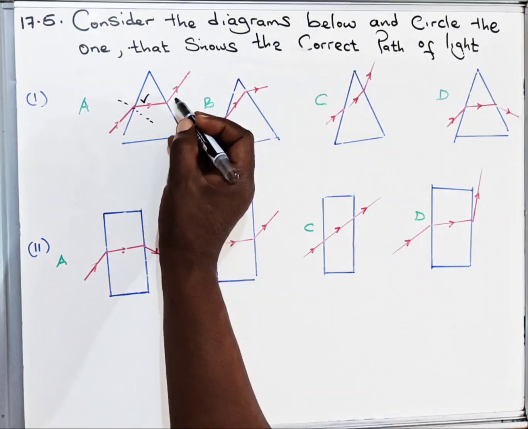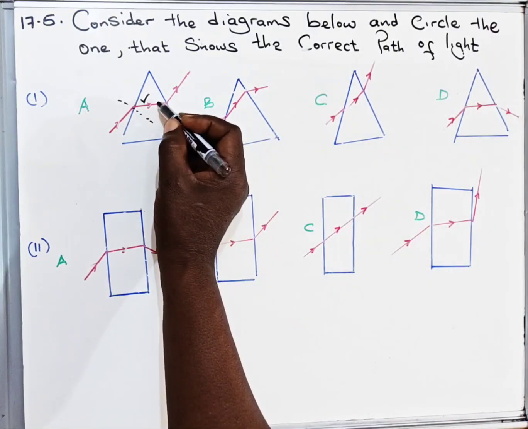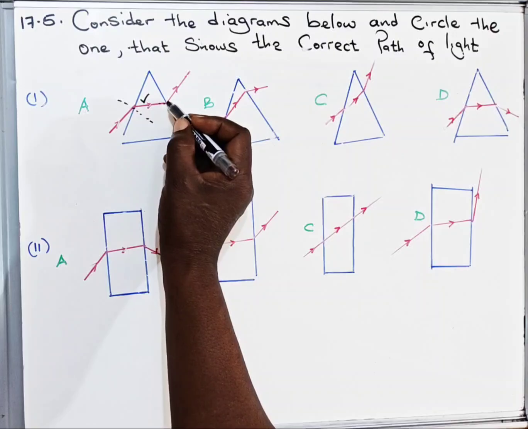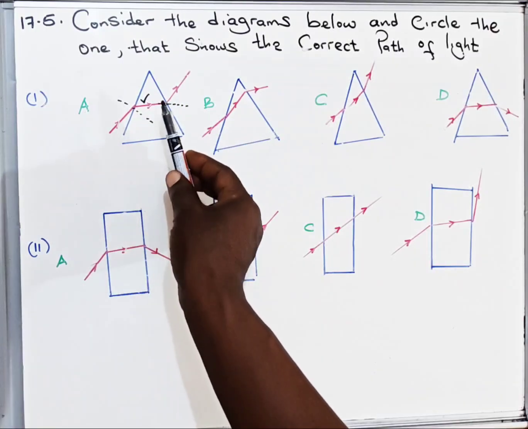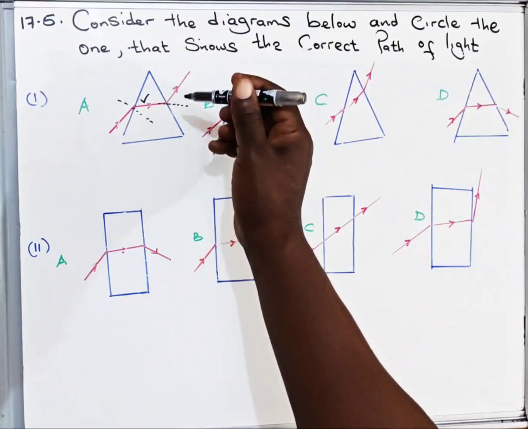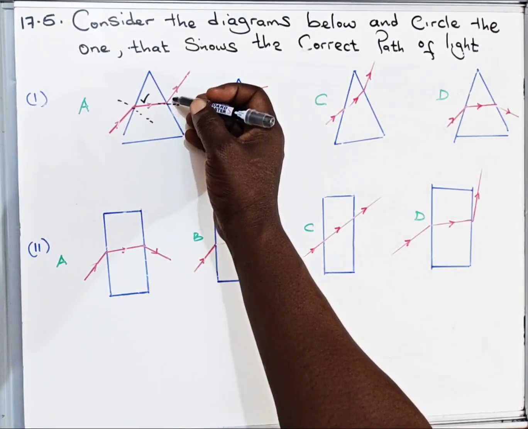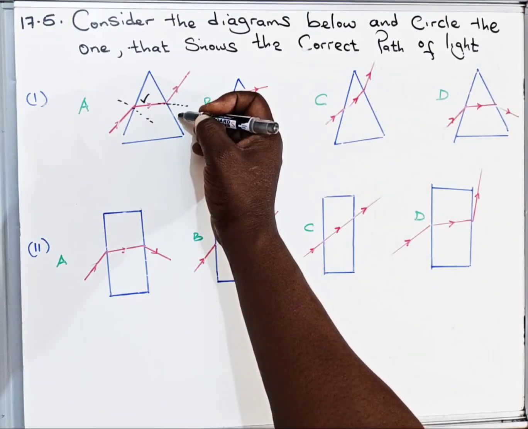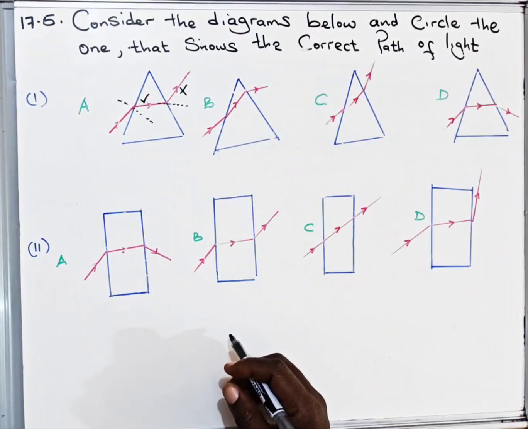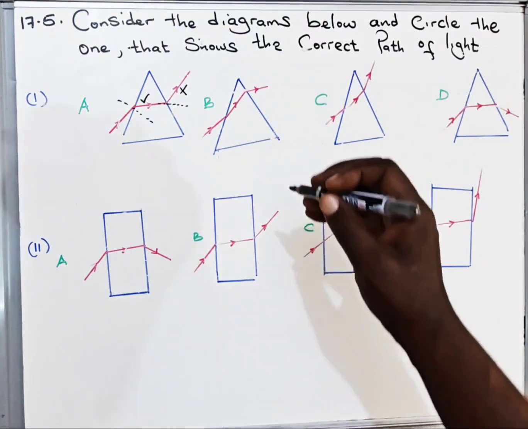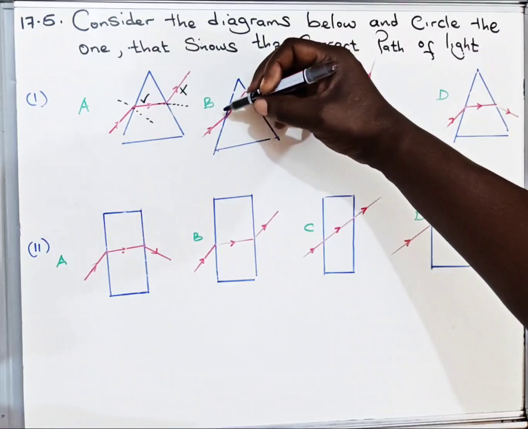And then we go to the second one. This is supposed to be our normal. On the second path, light was supposed to bend towards the normal here, so that makes this one wrong. Let us come to this diagram.